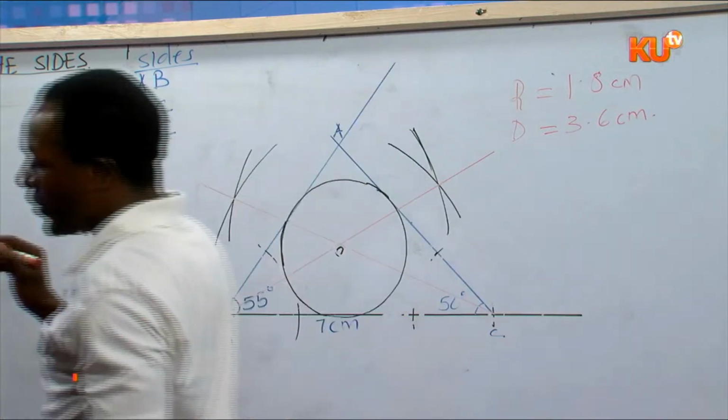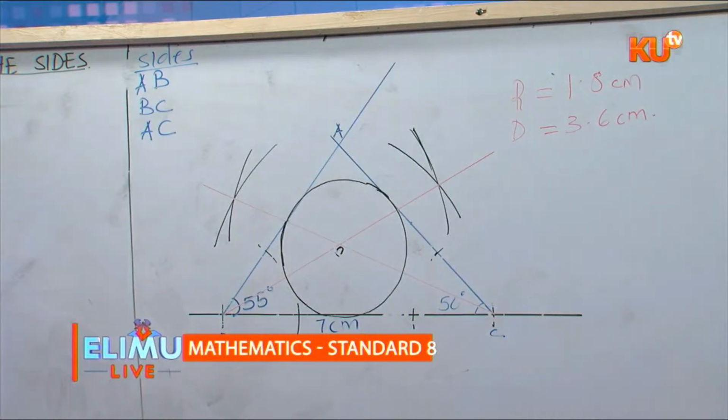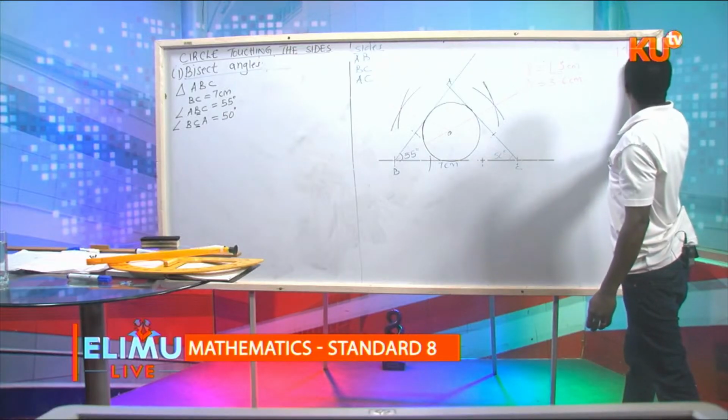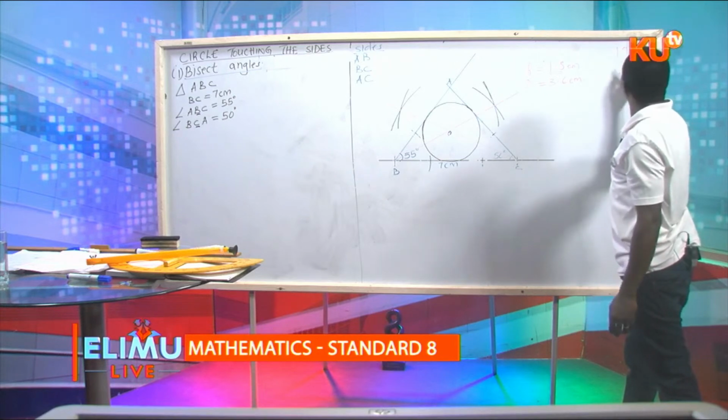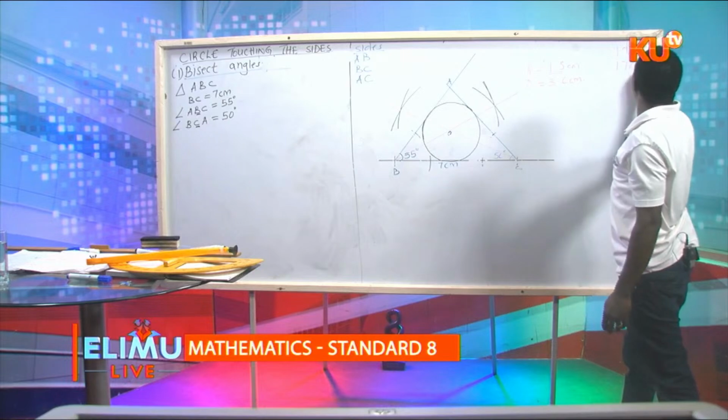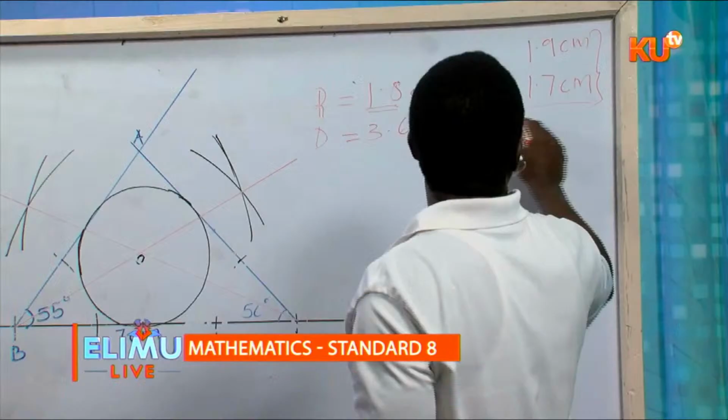But our question was asking, what is the radius of the circle? So this one. The learners there at home, you can get 1.9 centimeters, or you can get 1.7 centimeters. We have plus or minus 0.1.